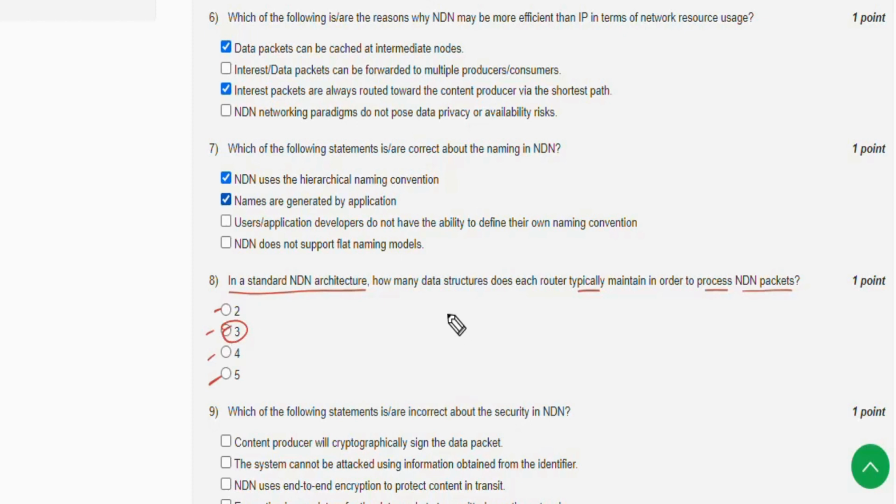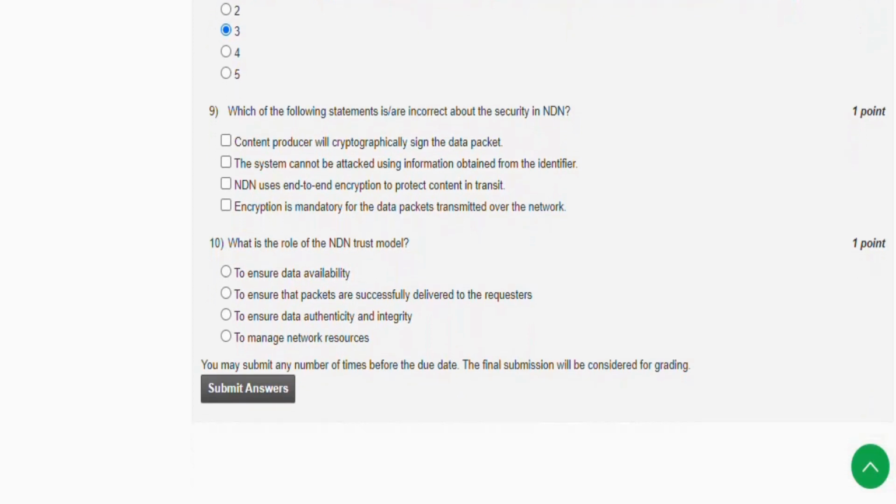And these are FIB, forwarding information base, then PIT and CS. These are the 3 structures. Okay, so I select this option.